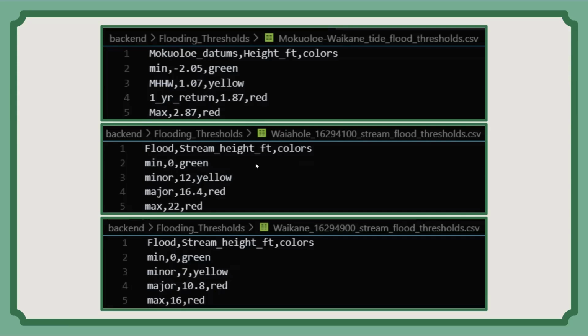Then this is for the Waiahole stream: 0 to 12 would be no flooding, 12 to 16.4 would be minor flooding, and 16.4 to 22 feet would be major flooding. And then for Waikane, no flooding would be 0 to 7 feet, 7 to 10.8 feet would be minor flooding, and 10.8 feet to 16 feet would be major flooding.